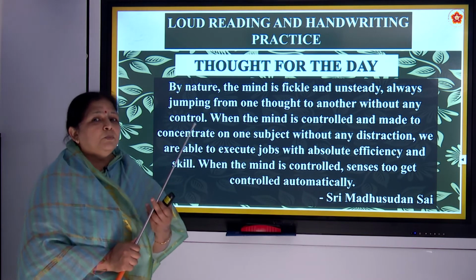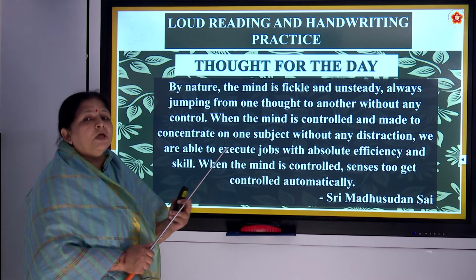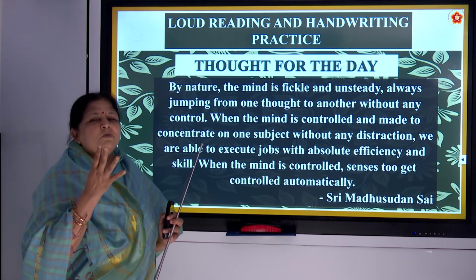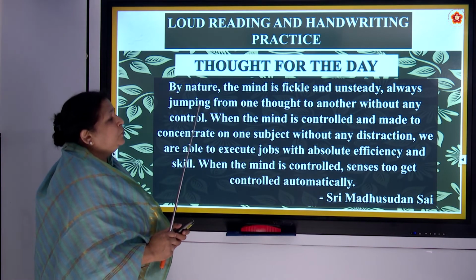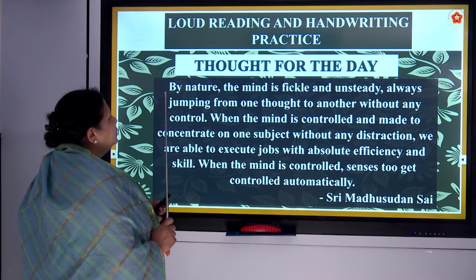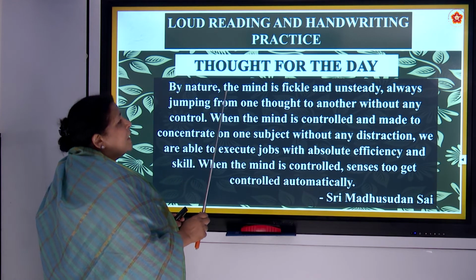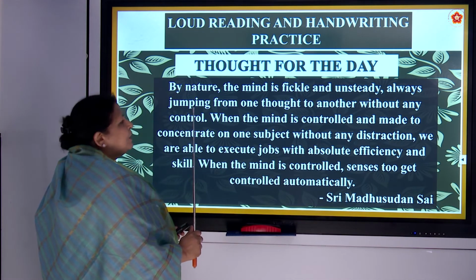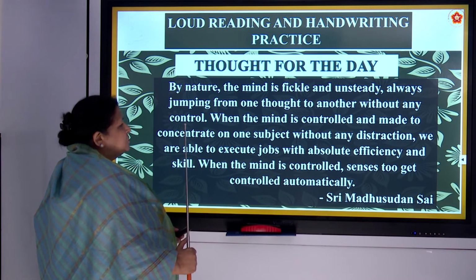All of you take the book as we were doing it, and now the paragraphs have started. Earlier you might have noticed there were only two lines or a maximum of four lines. Now it is a big paragraph, so you have to write it properly with all the commas and full stops carefully written with correct spellings. By nature, the mind is fickle and unsteady, always jumping from one thought to another without any control.